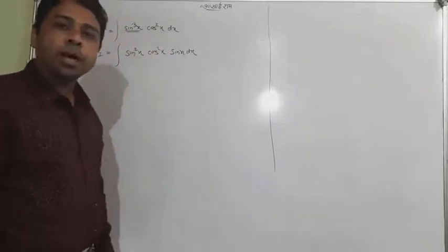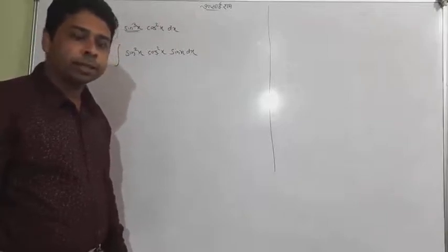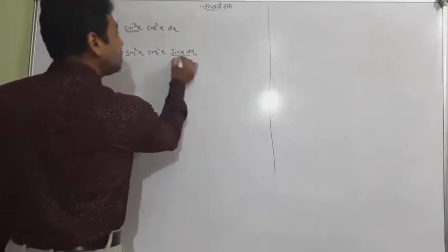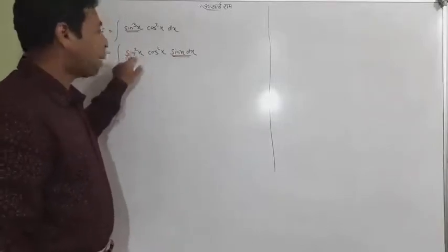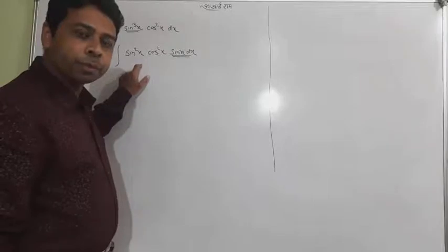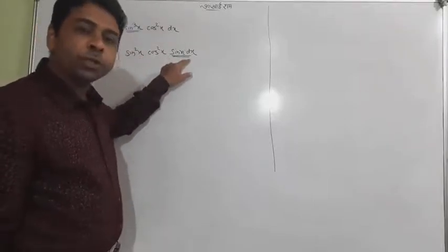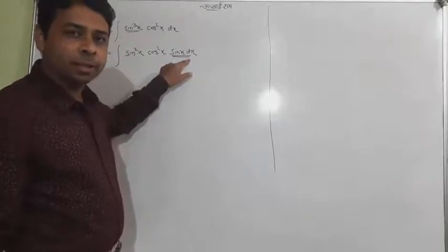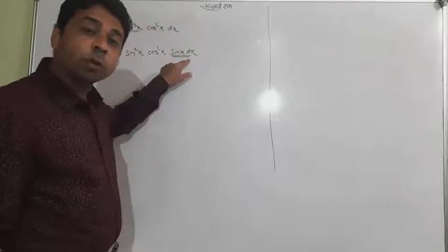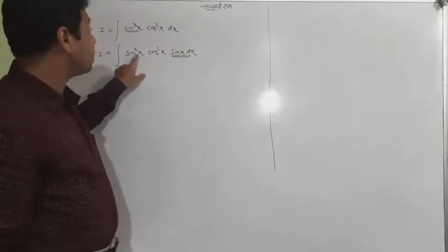Now you remember the assumption method, the T method, meaning the substitution method. Sin x dx will help you identify what you have to consider as T. Look, sin x dx comes after the differentiation of cos x. Cos x has the differentiation minus sin x. So we will consider cos x equal to T. Look at the rest of the terms: cos x is already here, but sine square is not cos.